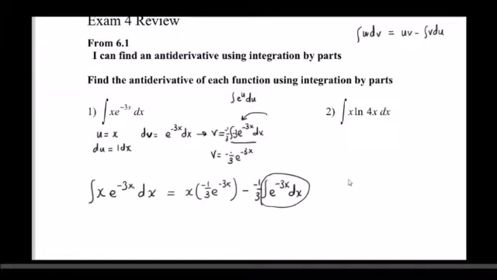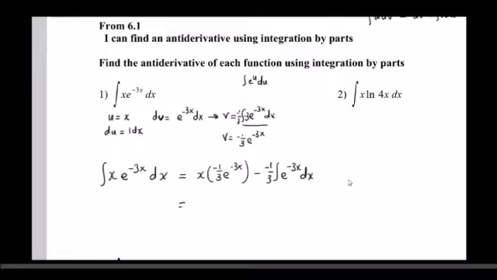The integral of e to the negative 3x is negative 1/3 e to the negative 3x. So this expression here, I can just multiply the x and the negative 1/3 to negative 1/3 x e to the negative 3x. Here a negative times a negative is positive. And then the integral of e to the negative 3x is, remember, negative 1/3 e to negative 3x.